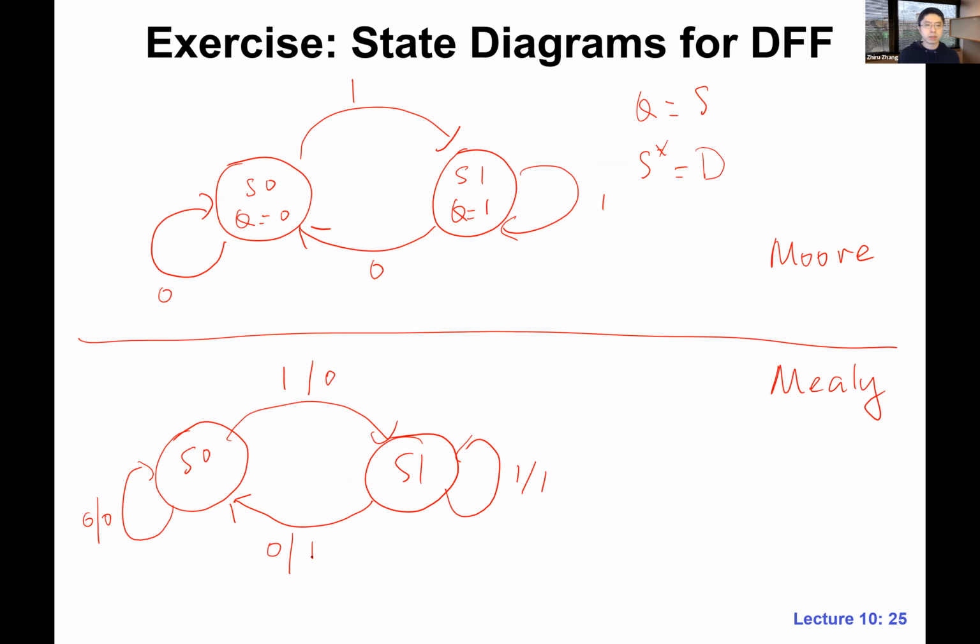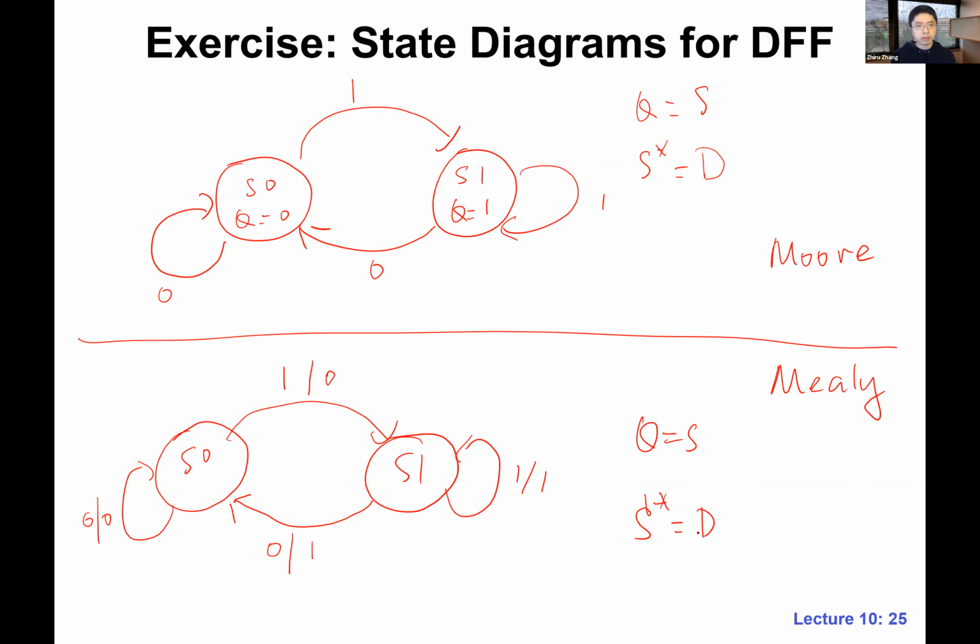I'm going to leave this to you as an exercise. Try to draw the transition and output table and make sense of this. Hopefully you will get the same Boolean expression like this. So what does this tell us?